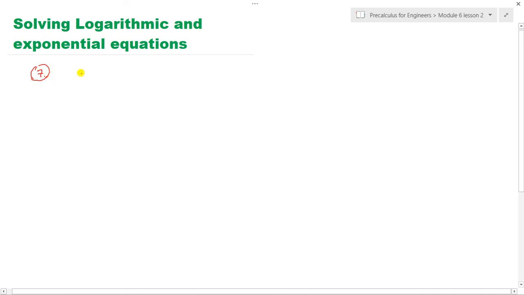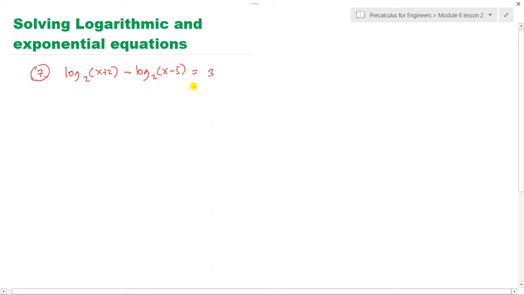For number 7, you have log of x plus 2 to the base of 2 minus log of x minus 5 to the base of 2 is equal to 3.